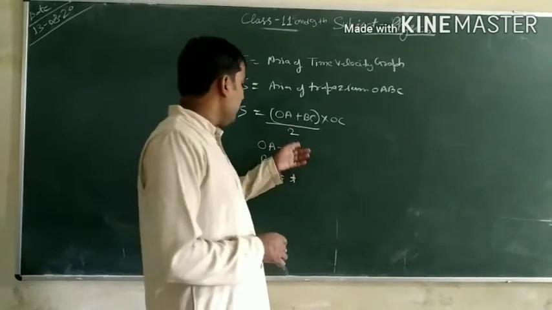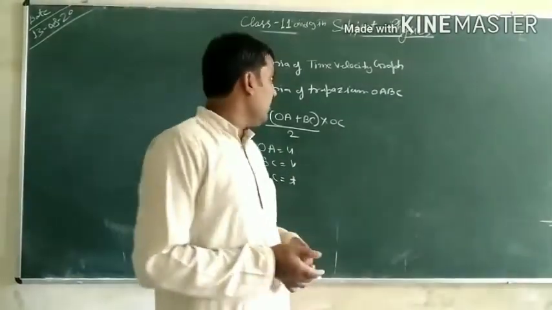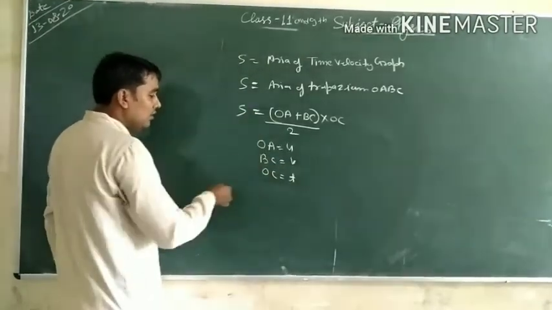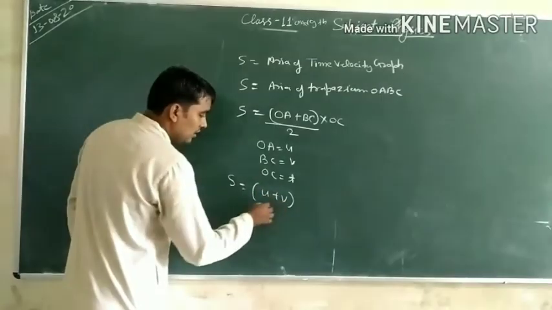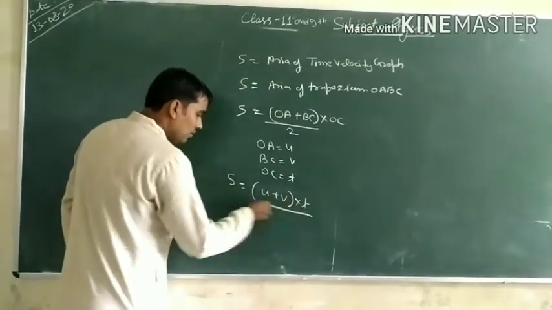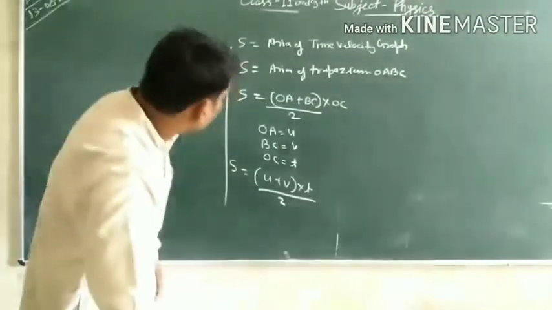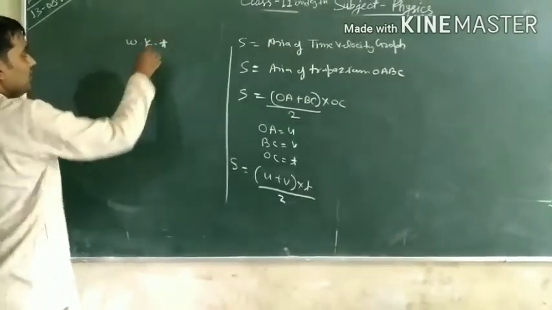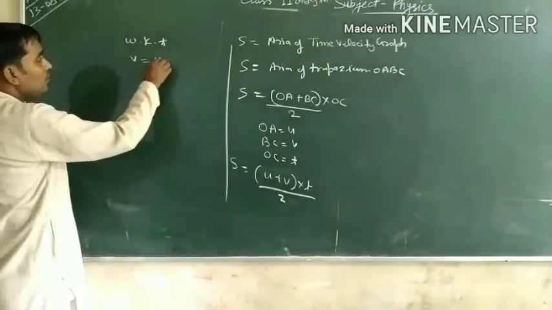These values are from the velocity-time graph, which we reviewed in the previous lecture. Now put the values in that equation. So S is equal to (u plus v) into t, whole upon 2. Now we know from the first equation of motion, v is equal to u plus at.